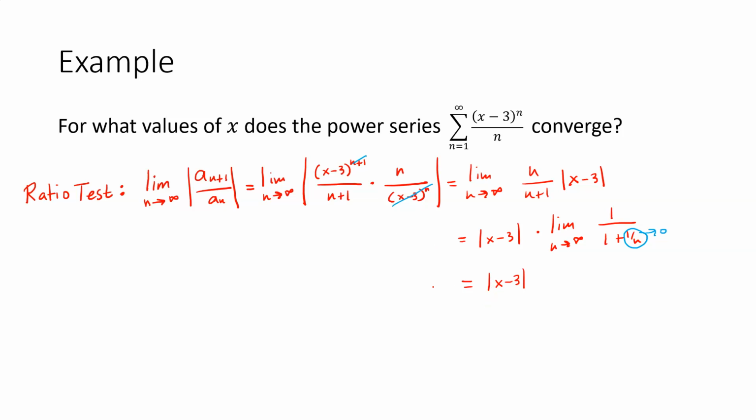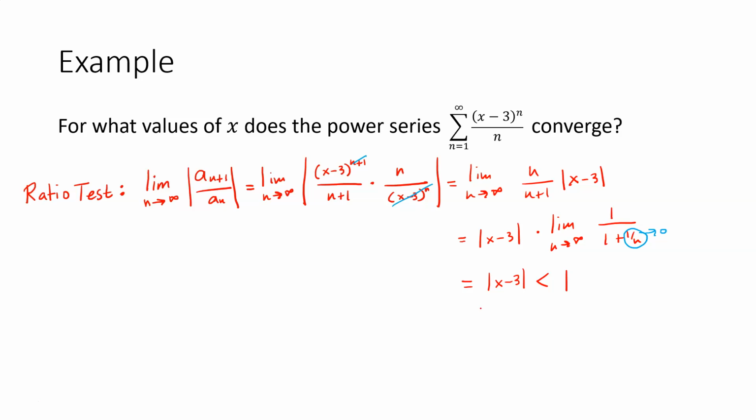Okay, so this is the limit that we get after applying the ratio test. And the result that we're looking for is to figure out which values of x will give us a convergent series. And so in this case we know it'll be convergent when this limit comes out to be less than 1.